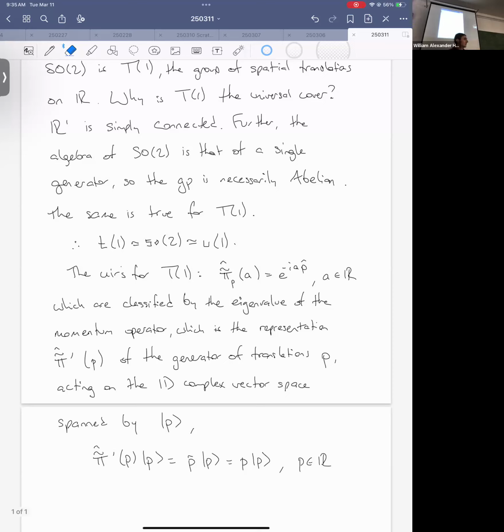I always get the signs mixed up in my brain. But that will allow me then to identify the P hat that lives in the representation theory from the group of translations to the P hat, which is the canonically conjugate momentum to the coordinate.